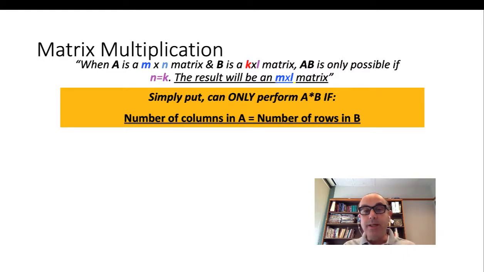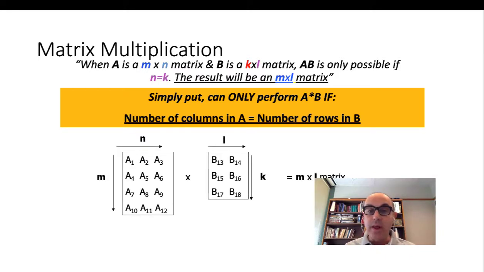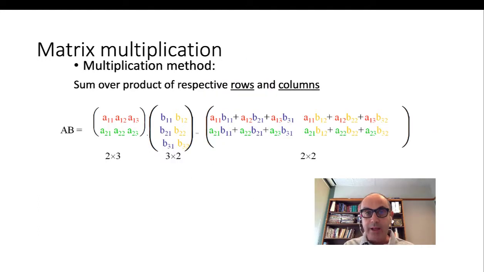So simply put, you can only perform A multiplied by B if the number of columns of A is equal to the number of rows in B, and you saw that quite clearly in R. R will not give you the ability to do something that is going beyond that, and by doing that, you will be able to catch mistakes beforehand.